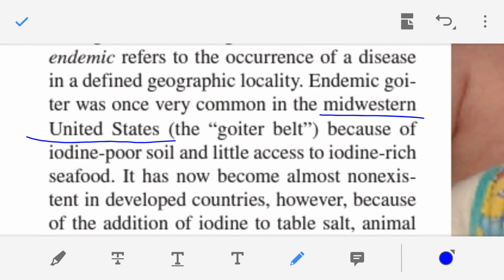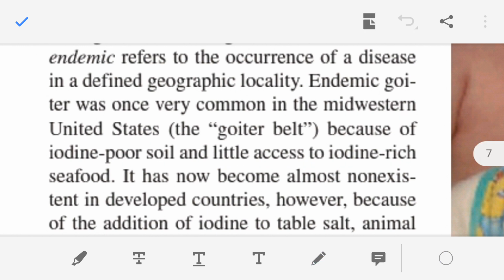The reason is iodine-poor soil. There is no iodine in the soil. People were eating seafood, but they were not getting sufficient iodine from it either, so there was little access to iodine-rich seafood. This was the reason why the people suffered from goiter.